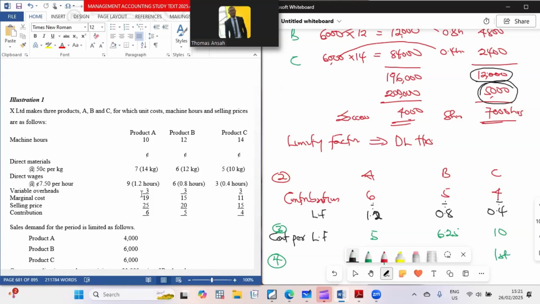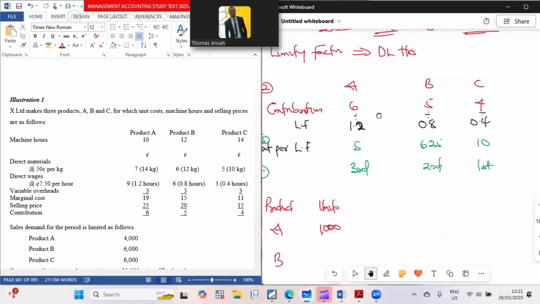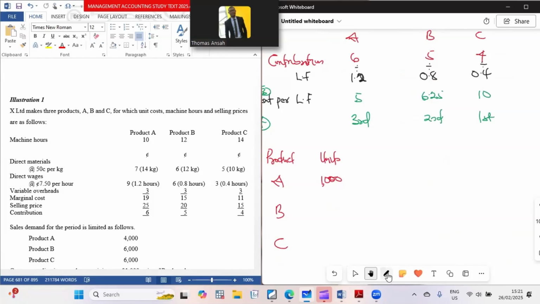Now, if you are producing the first 1,000, which you really don't have a choice to actually do, how many hours will you need? So here, let's talk about our direct labor hour. Meaning that we will need 1,000 units of product A. This is it, 1,200 hours, because each unit is 1.2.